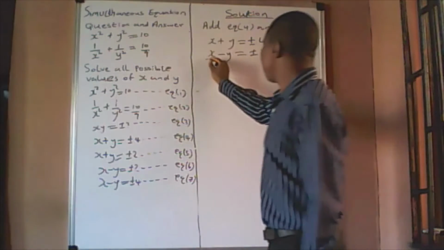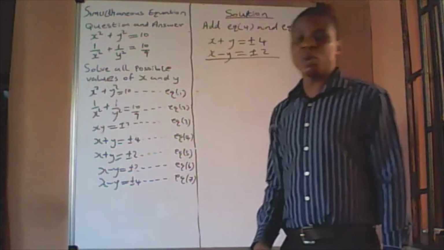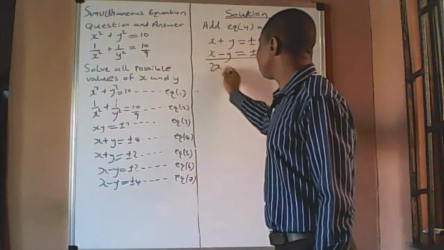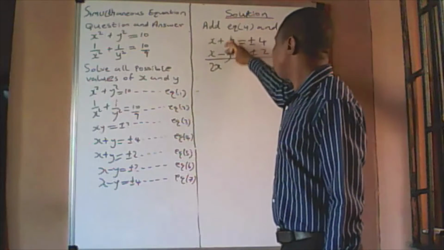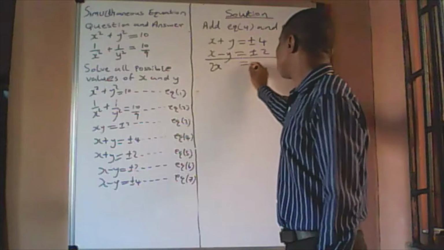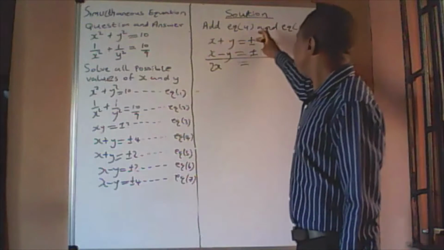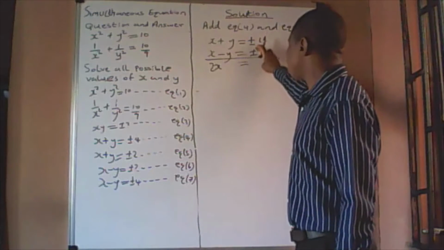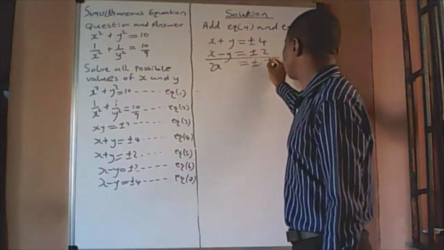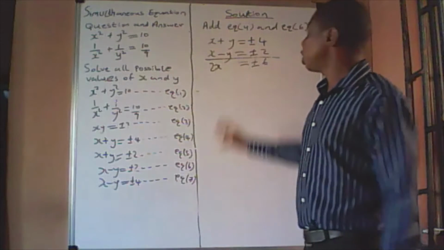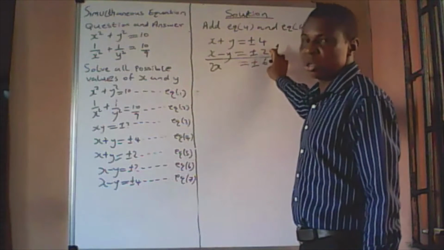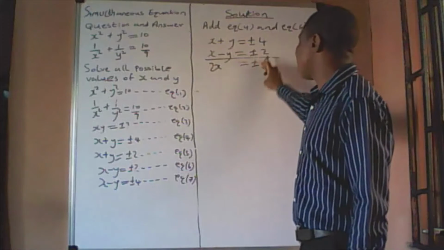If you add the equations, x plus x gives us 2x, plus y minus y gives us 0, equal to plus or minus 4 plus or minus 2, which will give us plus or minus 6, because this means plus 4 plus 2.